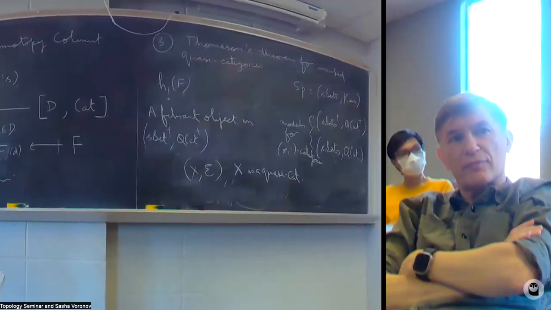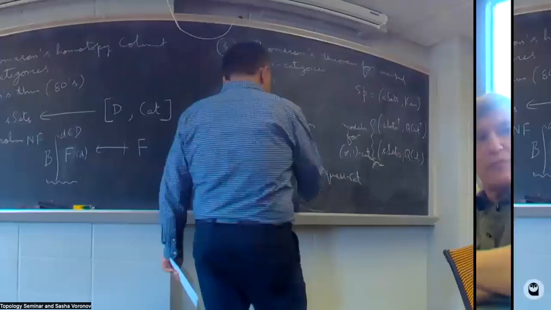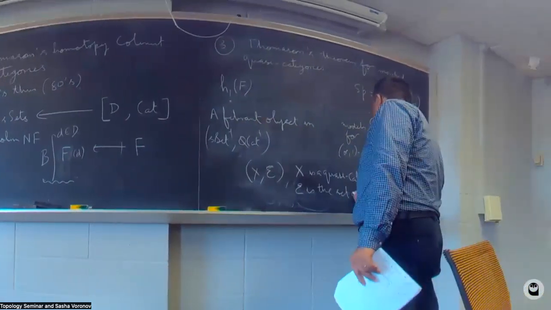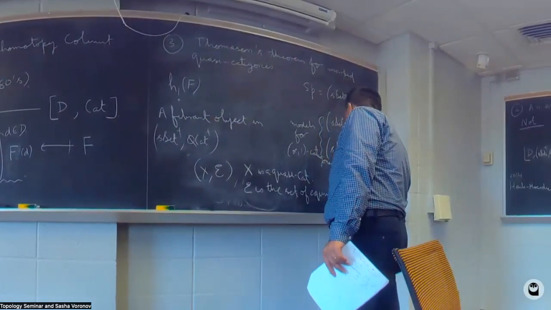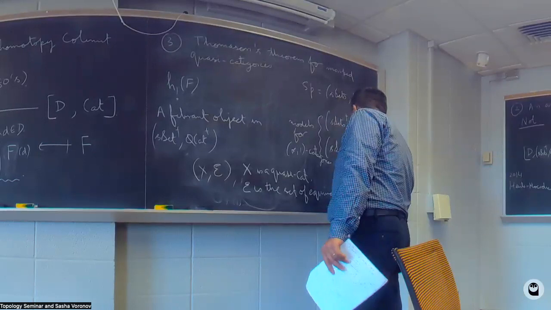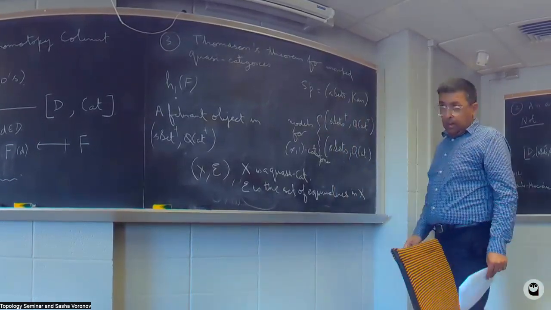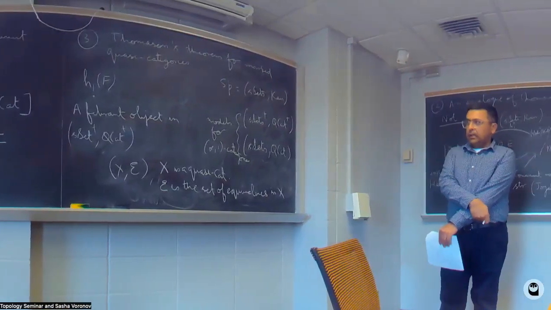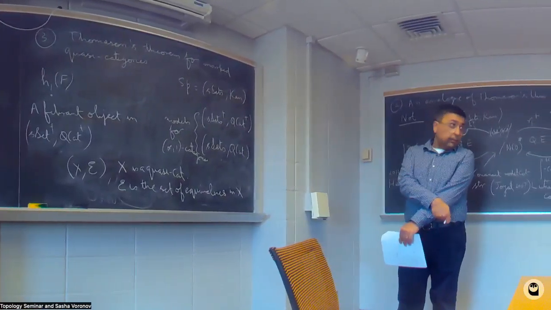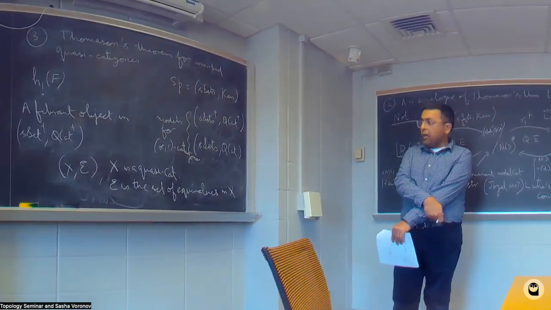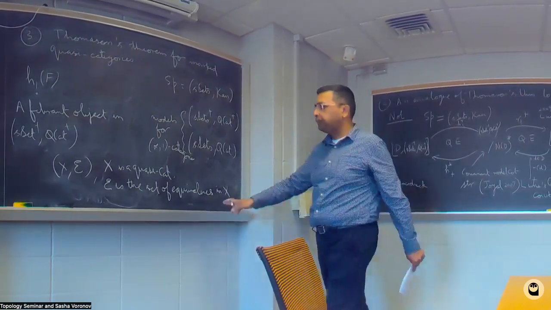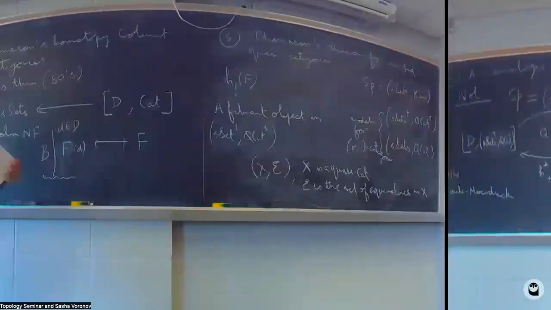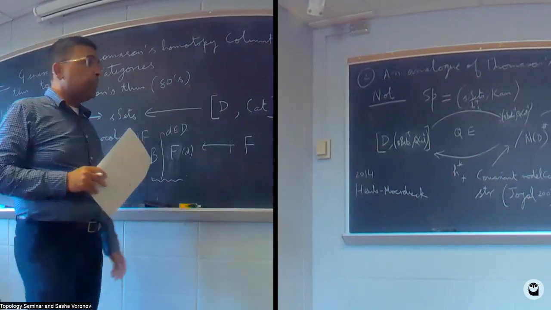and epsilon is a set of equivalences in X. Now, an equivalence in a quasi-category is an edge that turns into an isomorphism in the homotopy category of X. These are fibrant objects in this.